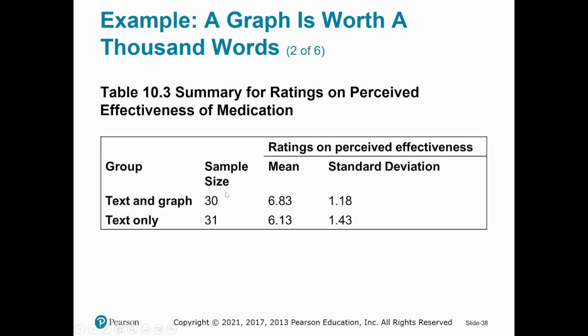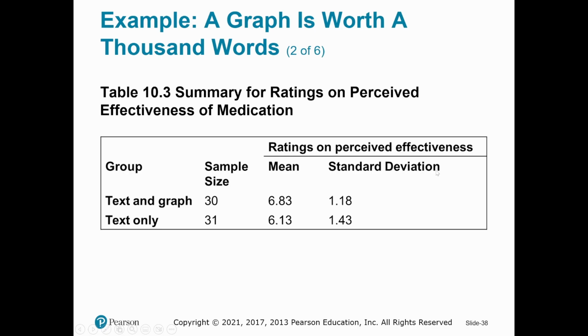Here, we have a table of summary statistics for both groups. Now, you should write that word summary statistics in your notebook, because that's the statistical phrase that represents this statistical table. The summary statistics are the sample mean and the sample standard deviation.